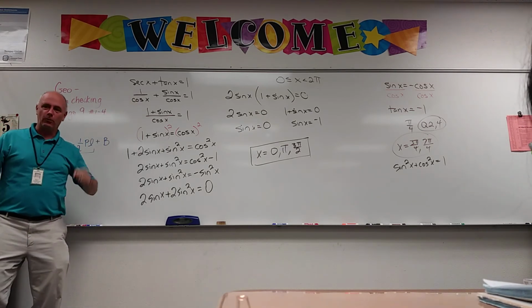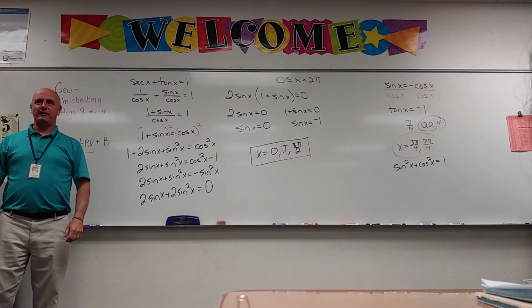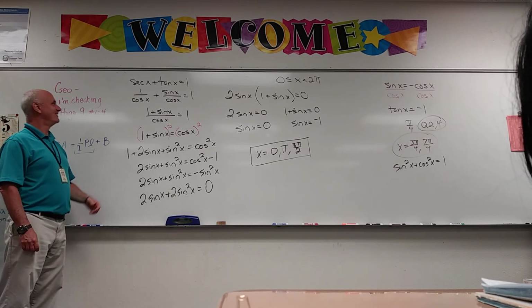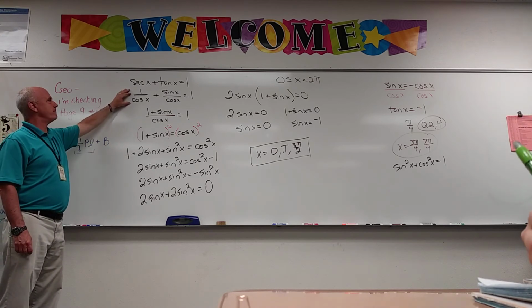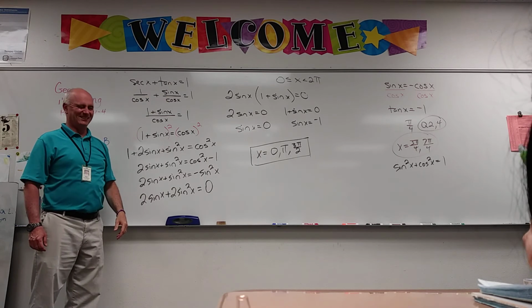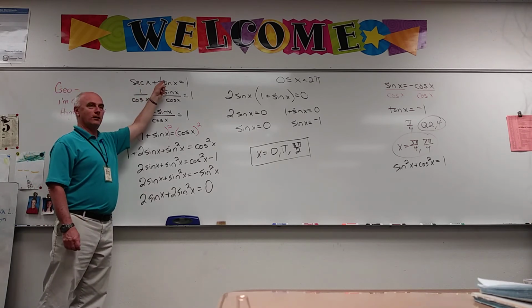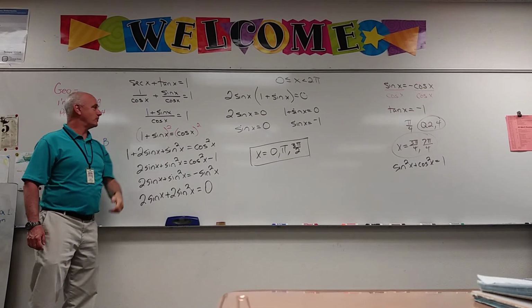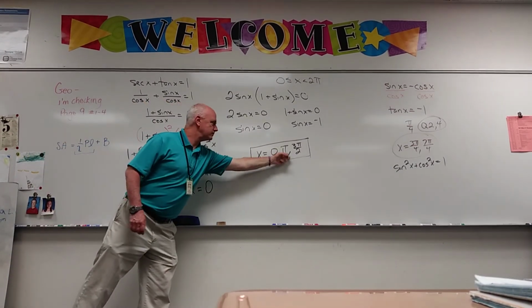What's the cosine of 0? 1! What's the reciprocal of that? 1. Yes, the reciprocal of 1 is 1. Plus the tangent of 0, which is 0. 1 plus 0 equals 1. We're good. Cool.